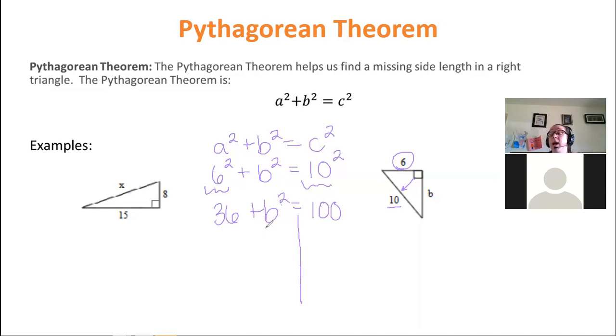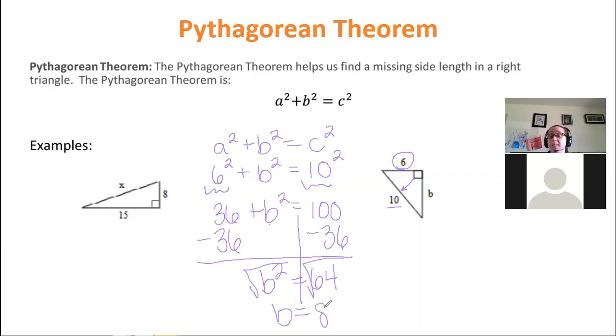So we're going to do the opposite operation of everything around it. So right now, there's a positive 36 in front of it. What's the opposite? Yes, thank you, Scott. Minus 36. Very good. And then b squared is 64. Now we're going to do what Andrea said, and we're going to square root both sides, which tells us b is 8.